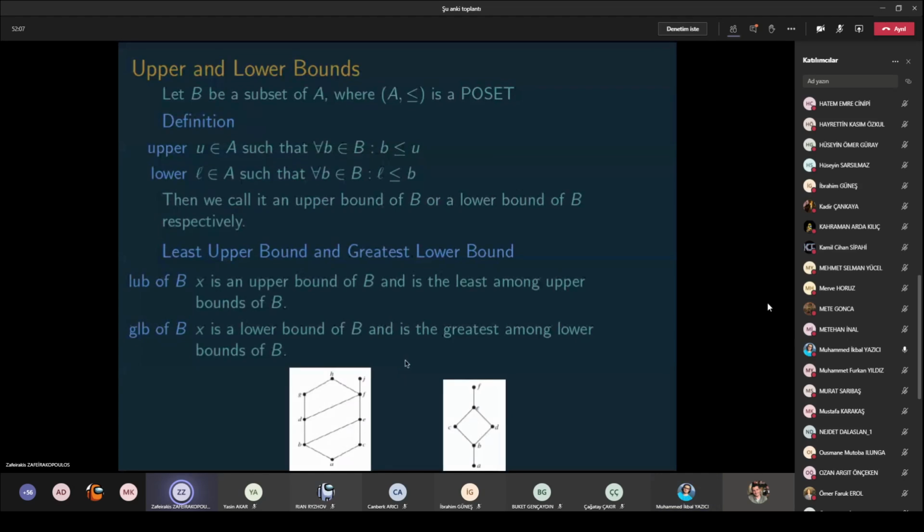And if we take B, C, D, E, what is the greatest lower bound and the least upper bound? Usmane? Muslim?